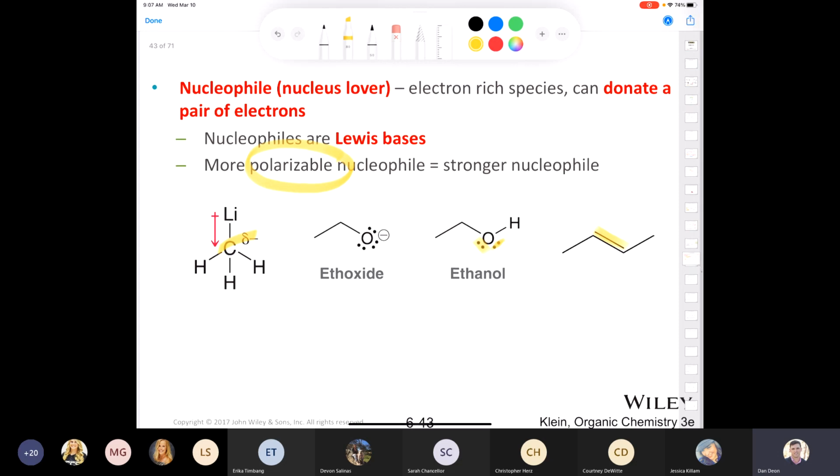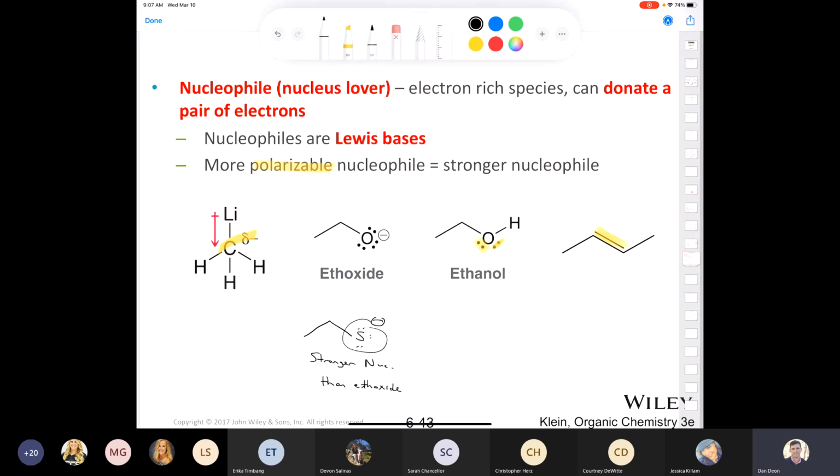If you don't remember what polarizable is, it might be something that you want to look up, the definition. But polarizability just means the ability of an electron cloud to distort itself, okay? So the bigger the electron cloud is, the greater ability it has to distort. So if you were to compare how strong a nucleophile is, if you were to compare ethoxide to a sulfide like this, or a thiolate, this is going to be a stronger nucleophile than ethoxide if we just compare the two.